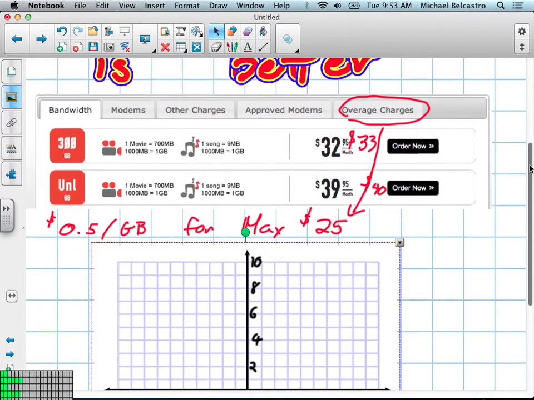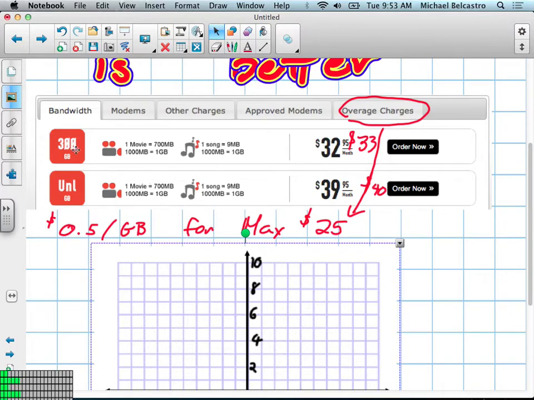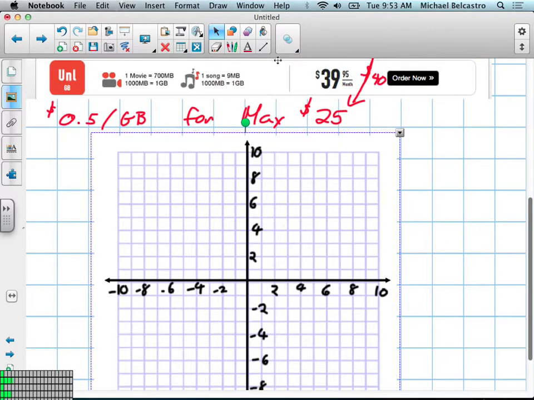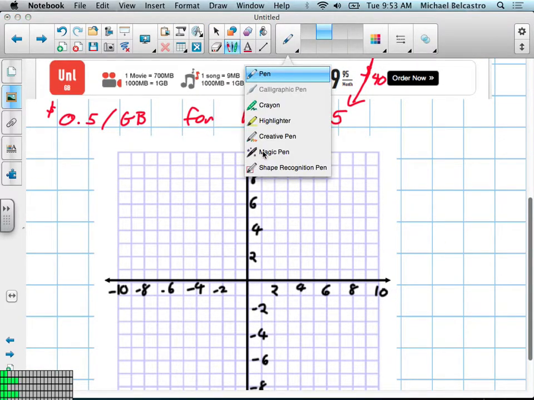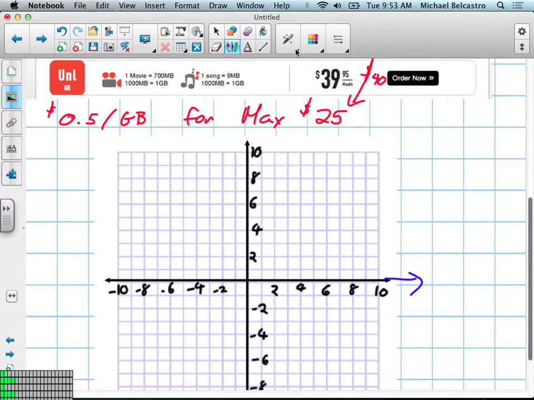Now, remember, in terms of gigabytes, technically we start at 300. So I'm sure you guys have seen this idea before. Really what this graph's going to look like, and we would need this to go up to 300. So we're going to call these the gigabytes on the bottom. Okay, so this is our gigabytes, and this is our pricing. We'll call the origin our starting point.